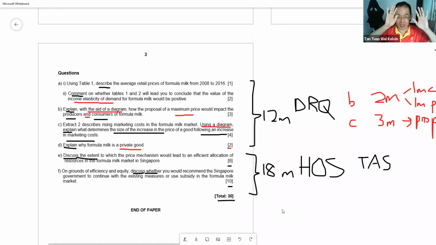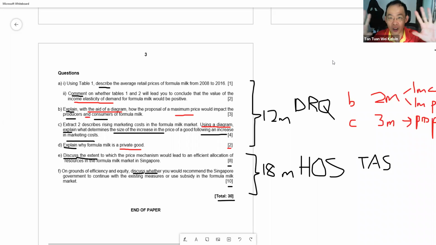Okay, you must explain why the price mechanism might lead to an efficient allocation of resources. Okay, price mechanism can lead to an efficient allocation of resources. However, because the market may have some failure, the price mechanism might not lead to an efficient allocation of resources.